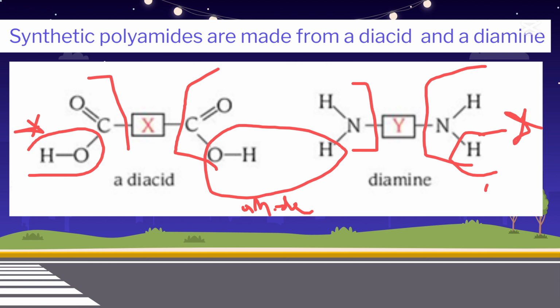One is going to be right here as well. So it's just going to repeat and repeat. Note that when we're making polyamides, we have to have a dicarboxylic acid and a diamine. That's how we're going to make it. Di means two. If we don't have a diacid or diamine, we won't be able to make the repeating linkage, so we have to have those present.